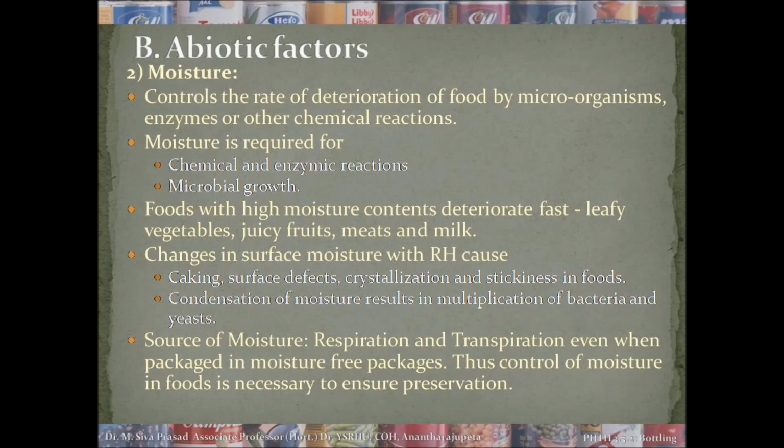Surface moisture level differences will cause textural changes, and even condensation as a result of respiration of the fruits and vegetables. This is a living entity, so it continues to respire, and as a result of respiration it produces moisture. This moisture is a source of microbial growth.